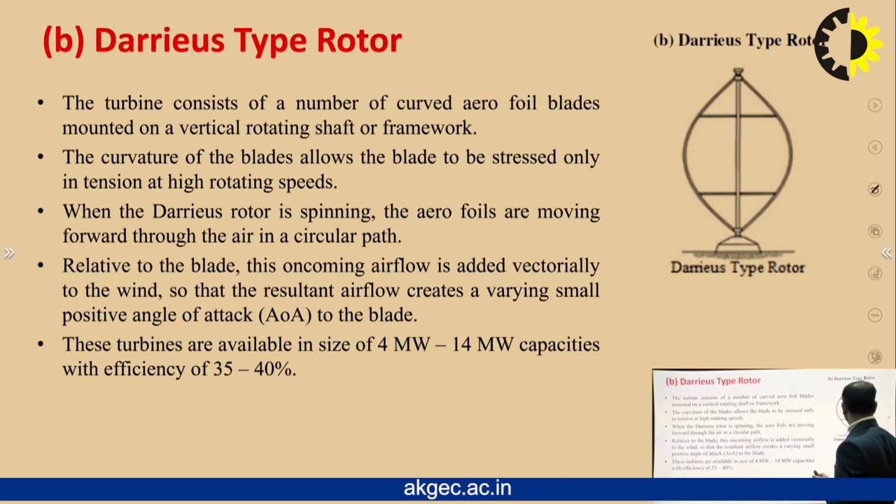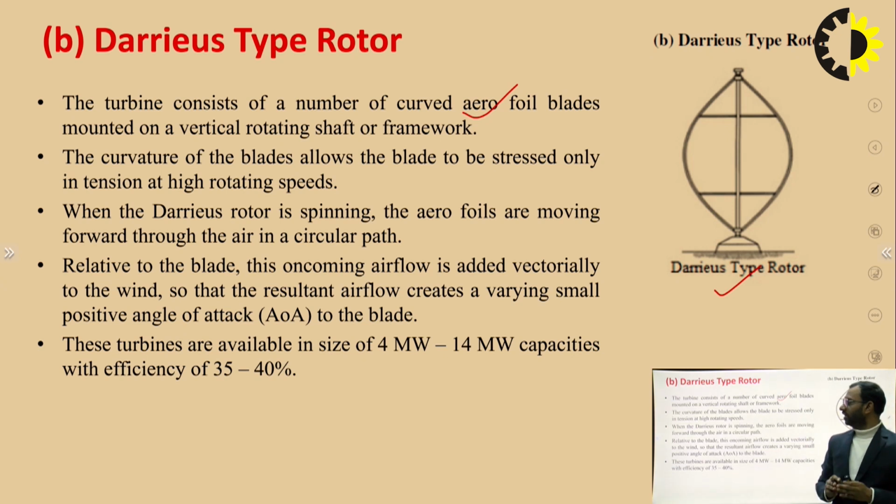So this is the pictorial representation of the Darrieus type rotor. Basically, this type of turbine consists of a number of curved aerofoil blades mounted on a vertical rotating shaft framework, and the curvature of the blades allows the blade to be stressed only in tension at high rotating speed. When the Darrieus rotor is spinning, the aerofoils move forward through the air in a circular path.